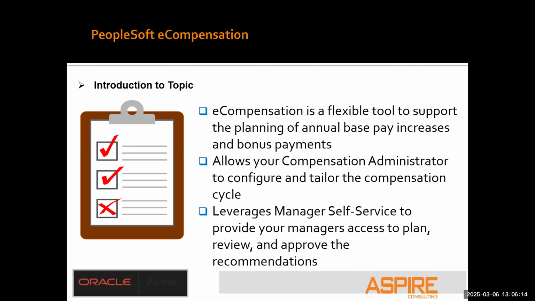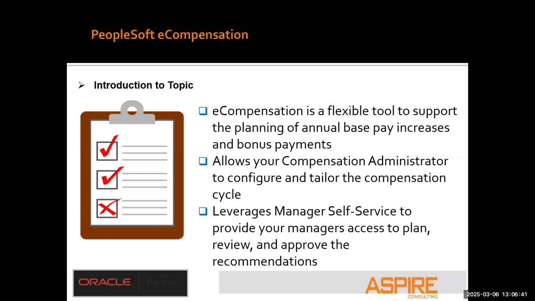eCompensation is a tool provided by PeopleSoft that supports the planning of base pay increases and bonus payments. It allows your compensation administrator to configure and tailor the cycle as they need to, depending on what is going to be involved in that particular cycle.